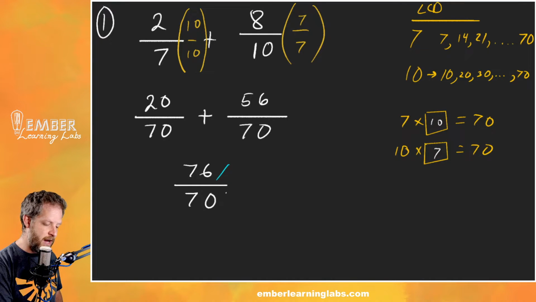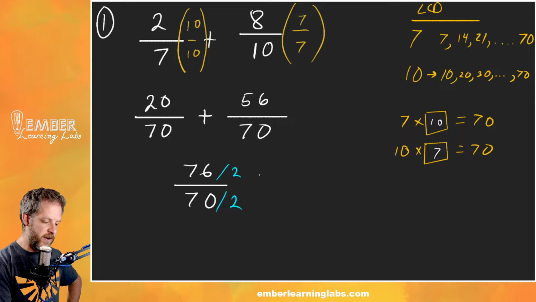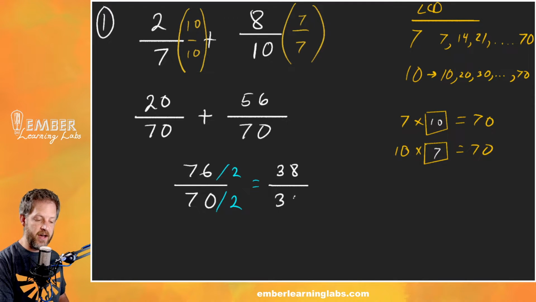We're going to divide the top and bottom by 2. 76 divided by 2 is 38. And 70 divided by 2 is 35.